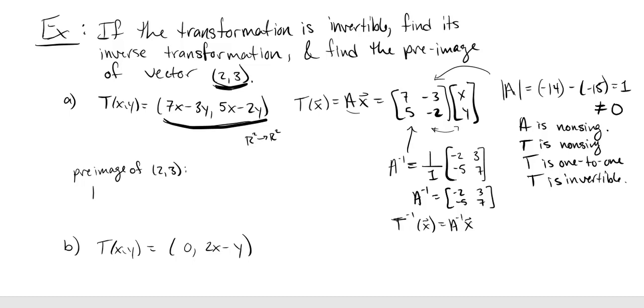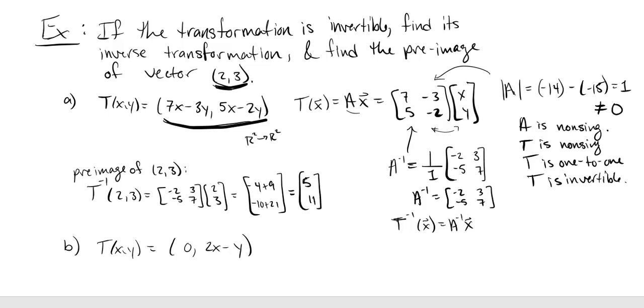This is just T inverse applied to that vector, which is just multiplication of that vector by the inverse matrix of A. So what do we get? It looks like -4 plus 9 and -10 plus 21. So what do we have? 5, 11.